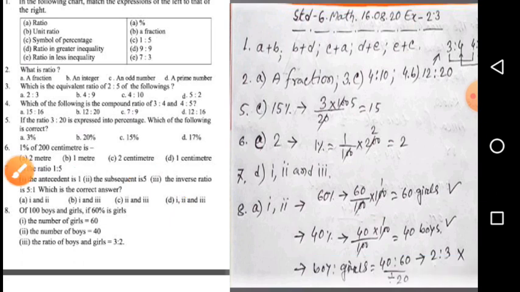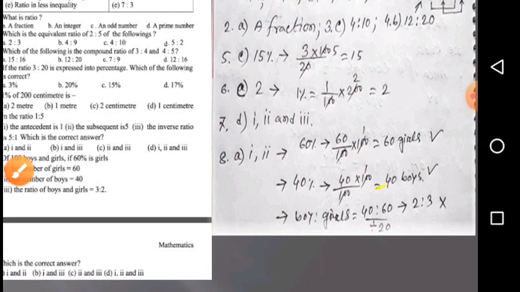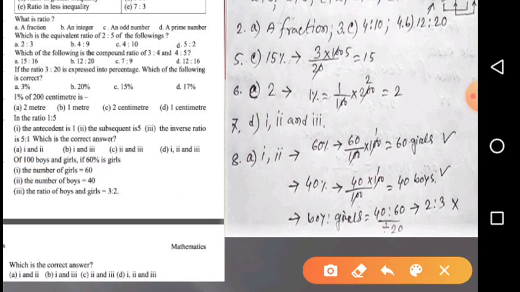Question number 8, you can see here, of 100 boys and girls, if 60% are girls, 60% of 100 is equal to 60. That means the number of girls is 60, which is correct. Option 2, the number of boys is 40.